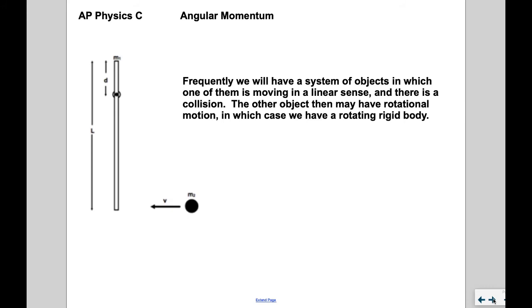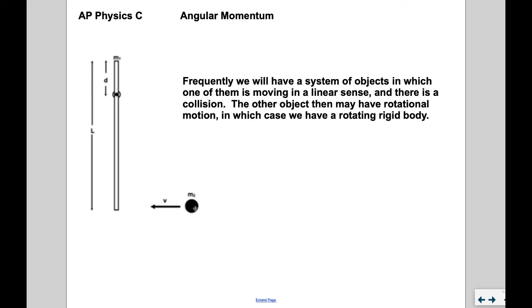So in this case, we have a rod that is pivoted about some distance d from one end. So here's the pivot point, here's the rotation axis. And then we have a particle here, m2, that's moving with some linear velocity v.